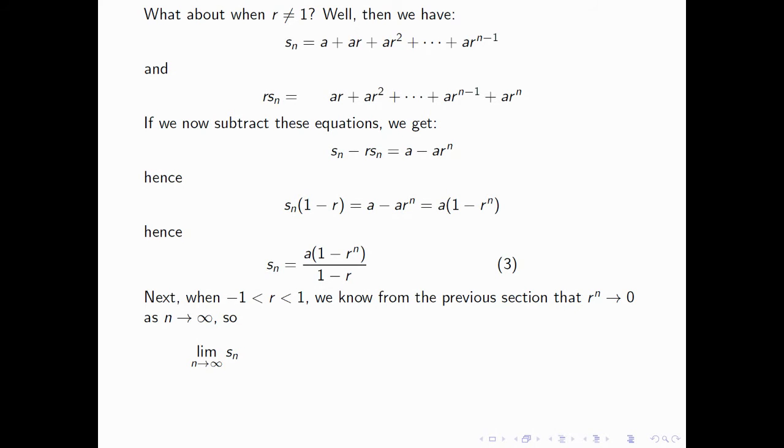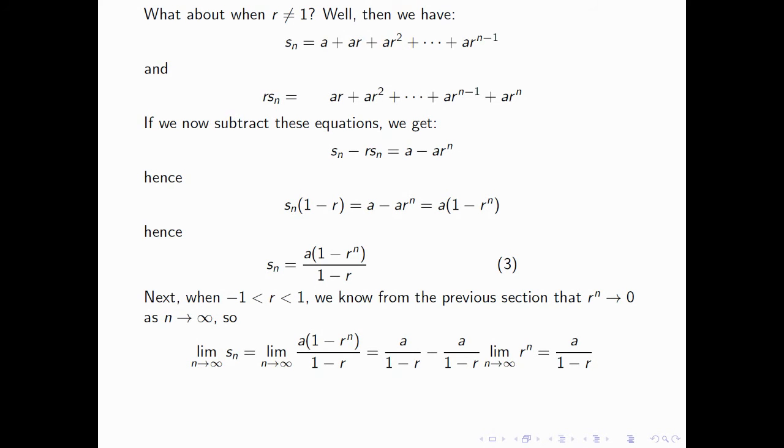And so the limit as n goes to infinity of Sn is the limit as n goes to infinity of a times 1 minus r to the n divided by 1 minus r. Now I'm going to multiply the a in, and I get a divided by 1 minus r minus a divided by 1 minus r times the limit as n goes to infinity of r to the n.